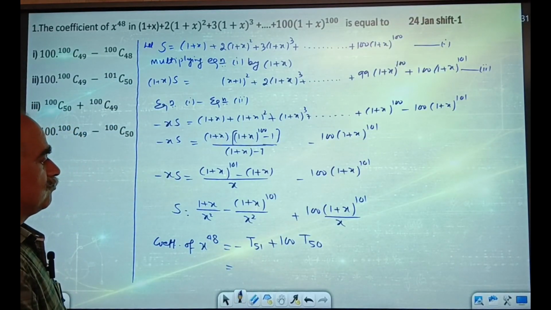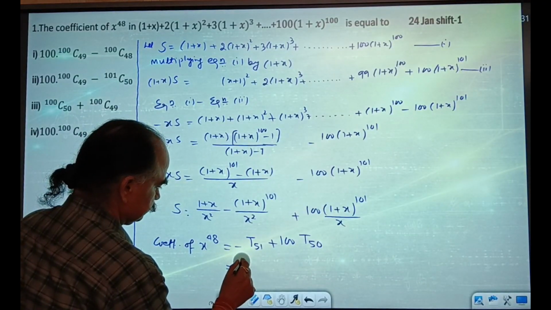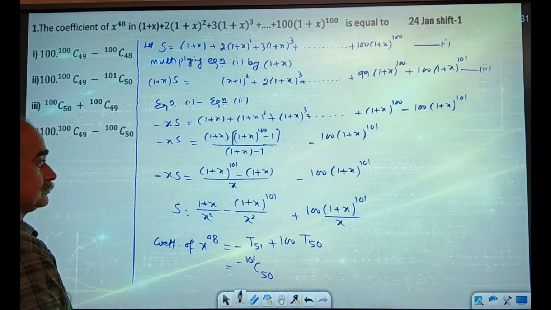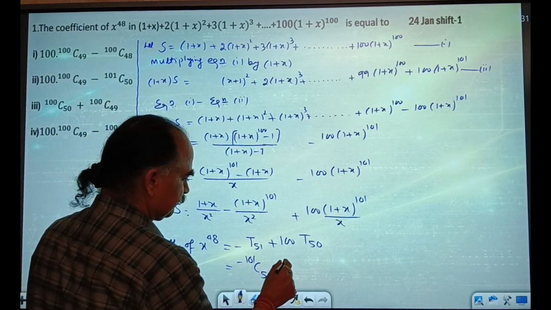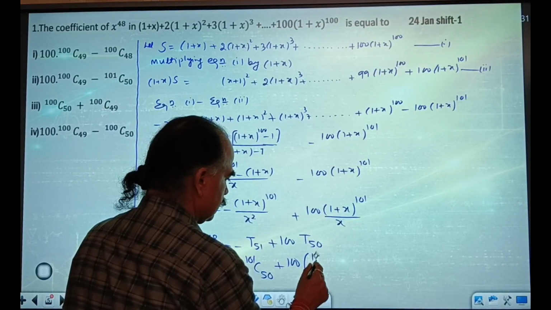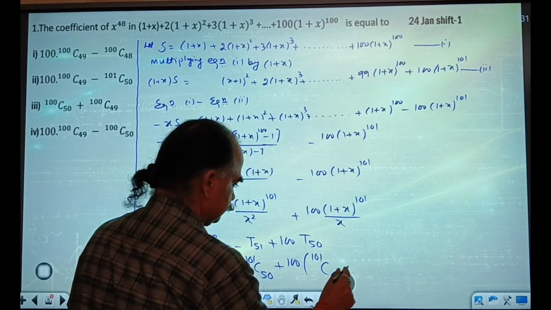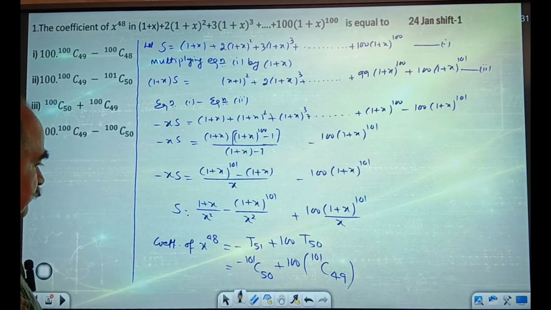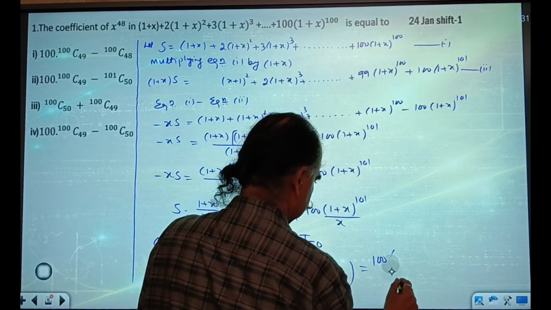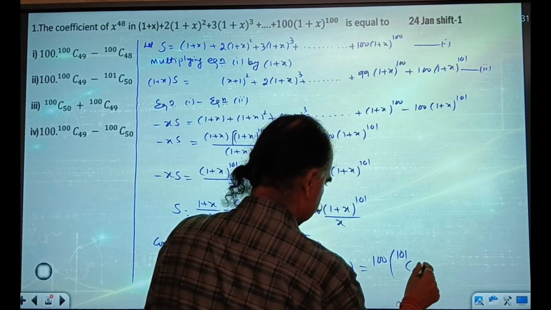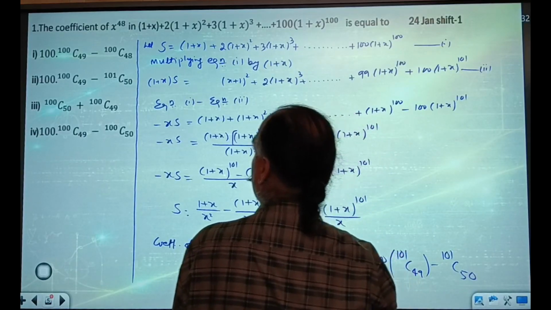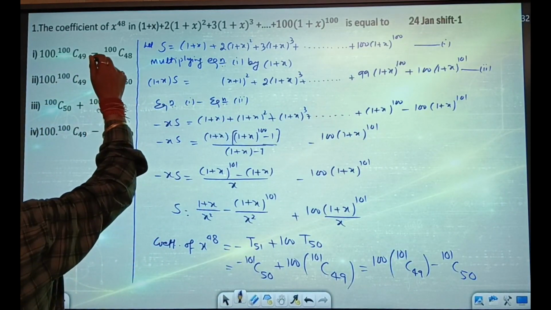So this is minus 101 C51, with power 50 in 101, plus 100 times 101 C49, which is same as 100 into 101 C50. Answer is what? 2.